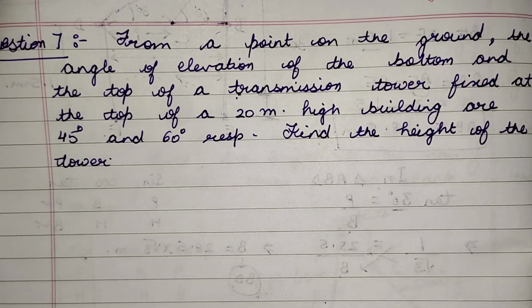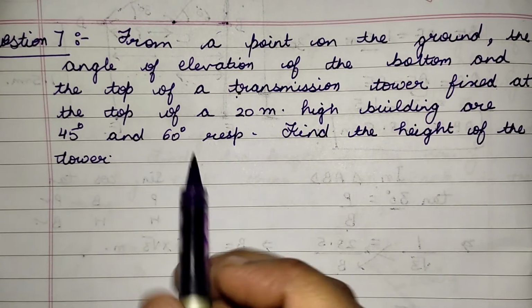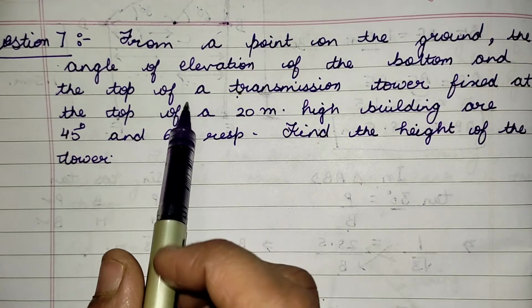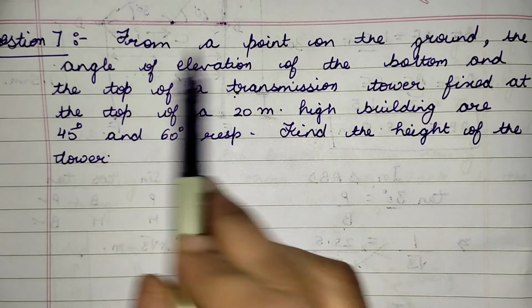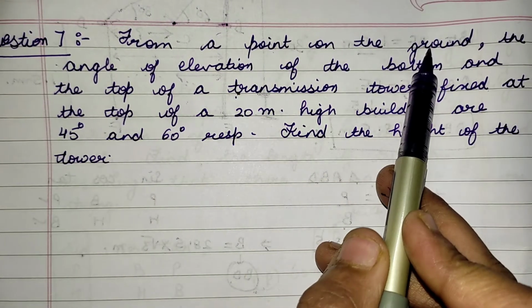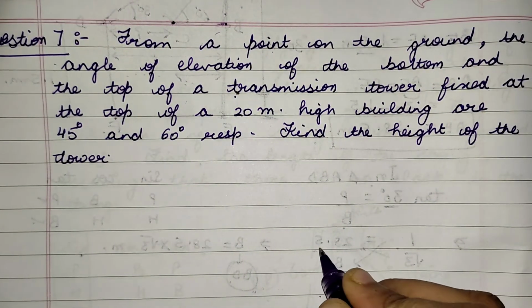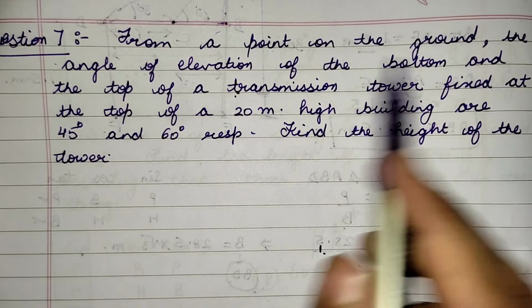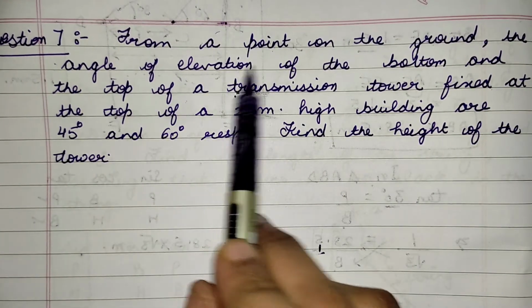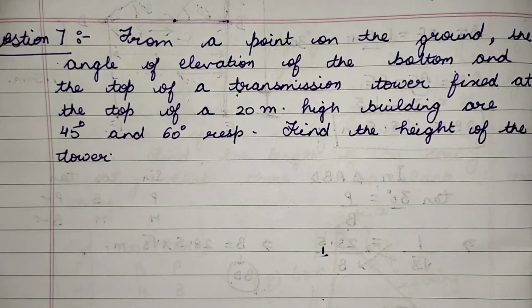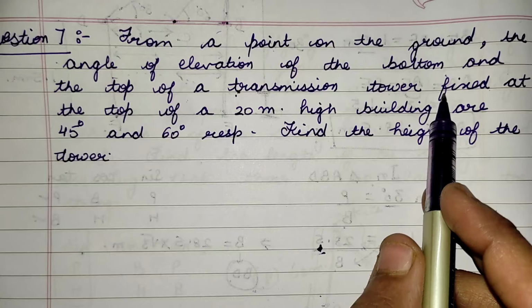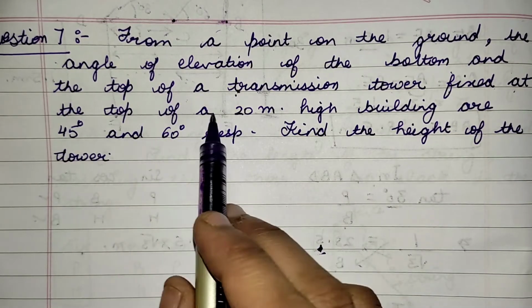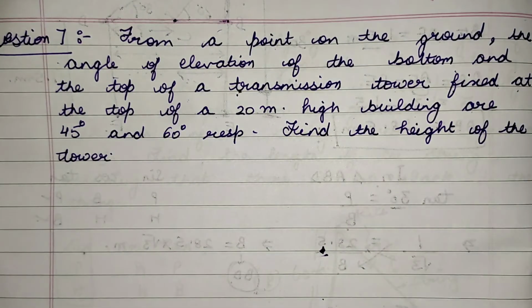So let's start solving our today's question number 7 of exercise 9.1. What does the question say? From a point on the ground, the angle of elevation of the bottom and the top of the transmission tower fixed at the top of a 20-meter high building.